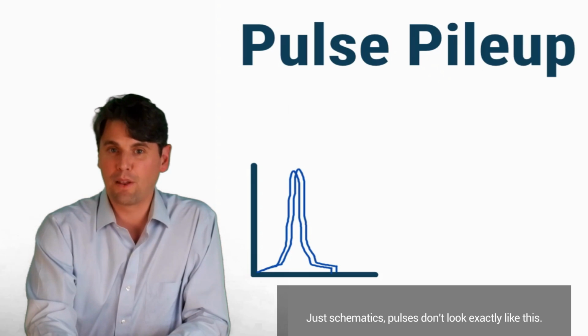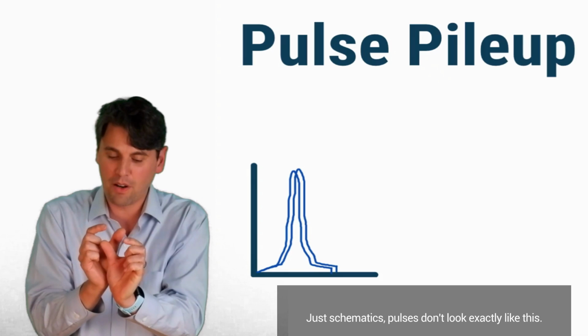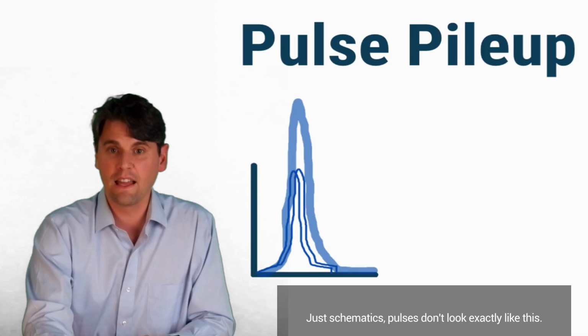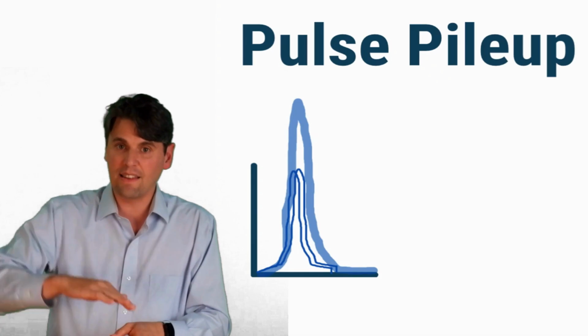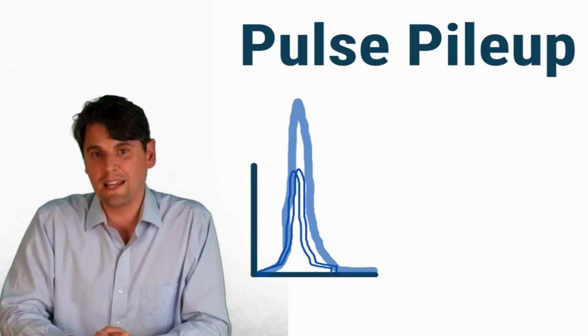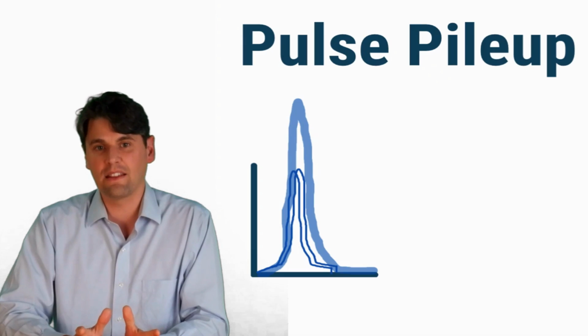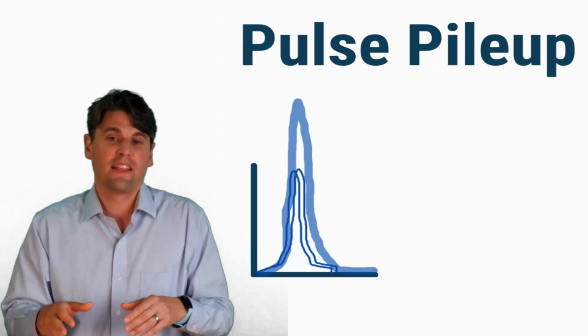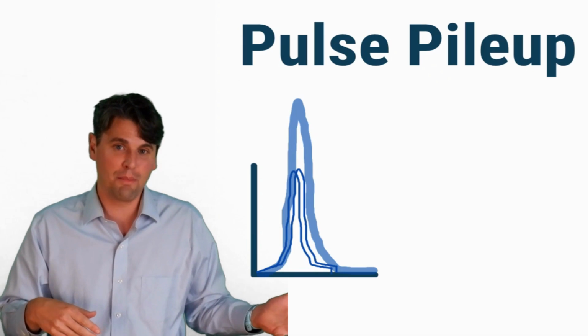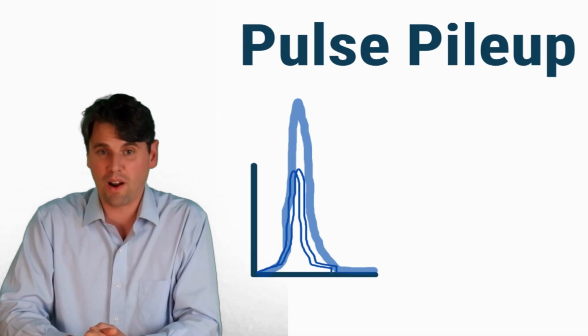So if they happen essentially right on top of one another with a very small delay, then you see the combined signal is actually one peak and it has a higher energy. So what's going to happen in that case is you actually now think that a higher energy X-ray came in instead of these two lower energy X-rays.